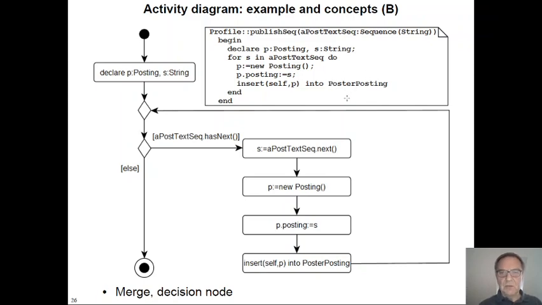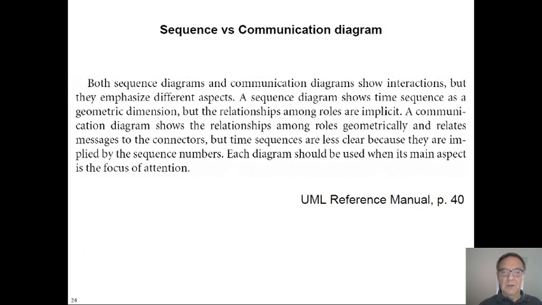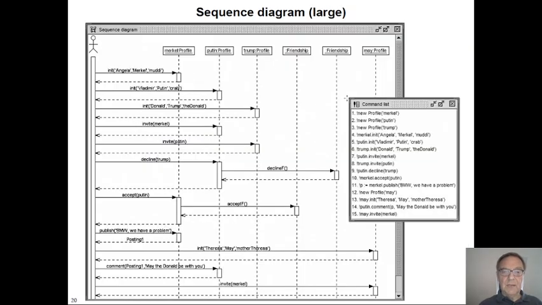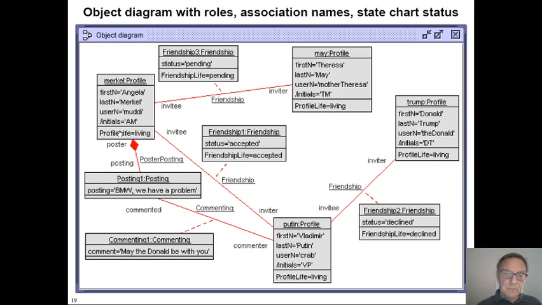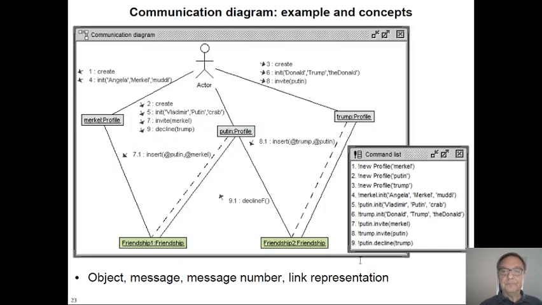Let's have a short look at the object diagram. This operation is responsible for generating the posting, for manipulating the attribute, and for establishing this link here, because the operation publish is called on, for example, the Merkel object.